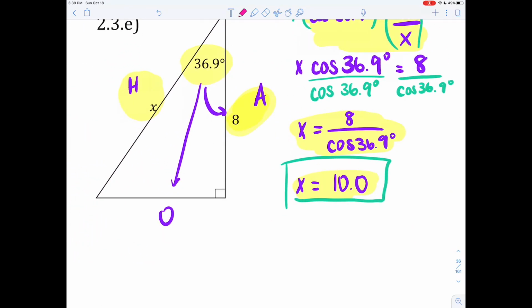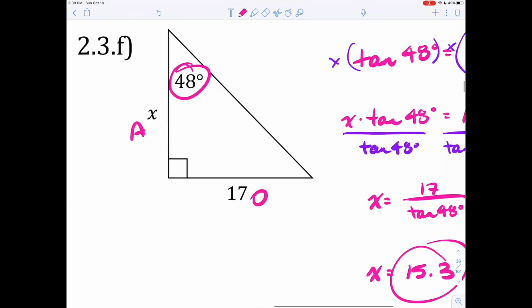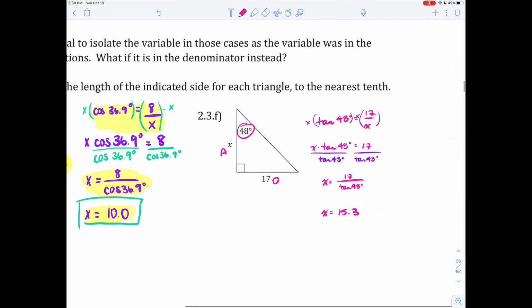This one, where we said that this hypotenuse must be 10, which is bigger than this other side, which is 8, for sure that makes sense because we know the hypotenuse has to be the longest side. In this case, this bigger angle will open to a bigger side, and this angle, which is smaller, will open to a smaller side. But we will again talk about that more in future times.